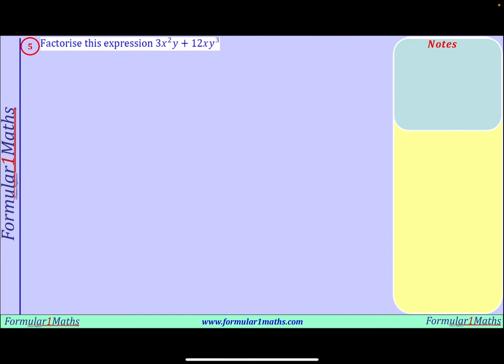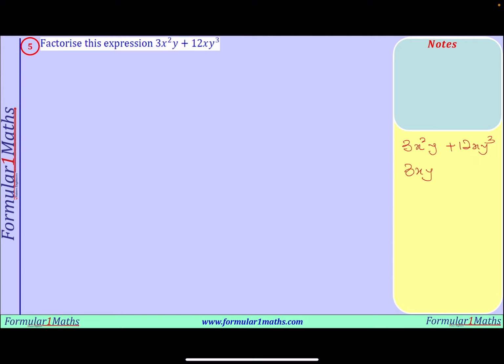Question number 5. Factorize this expression. So we've got 3x squared y plus 12xy cubed. Now looking at the two terms, this one and this one, the highest common factor of these terms will be 3xy.